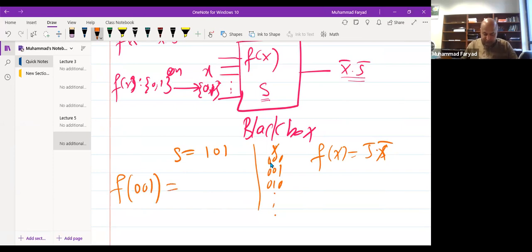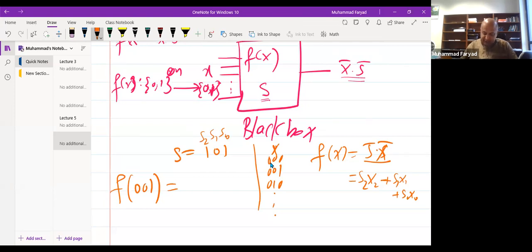Then this x dot s is nothing but s2 x2 plus s1 x1 plus s0 x0, where this is s2 s1 s0. So this 1 is s0, 0 is s1, 1 is s2.